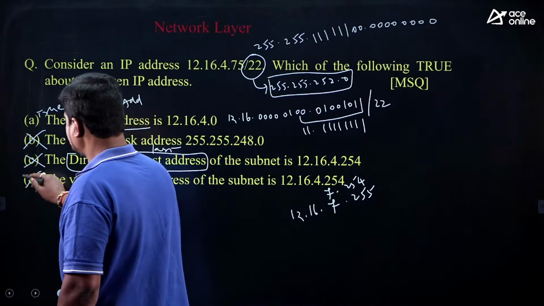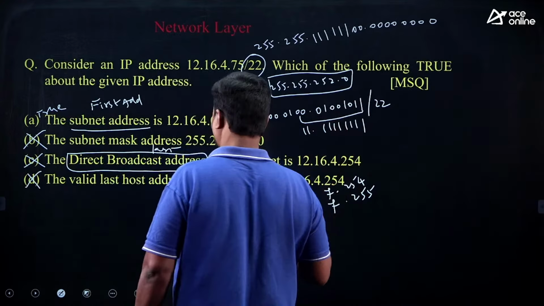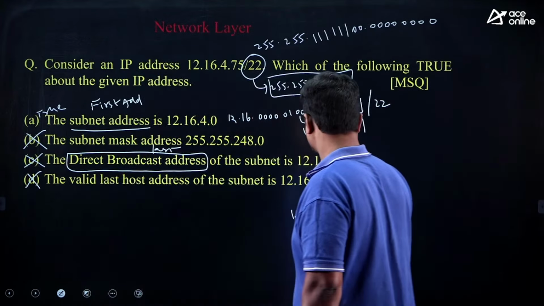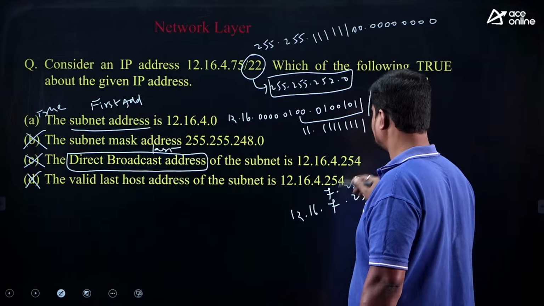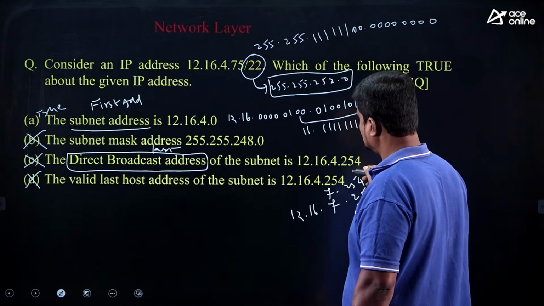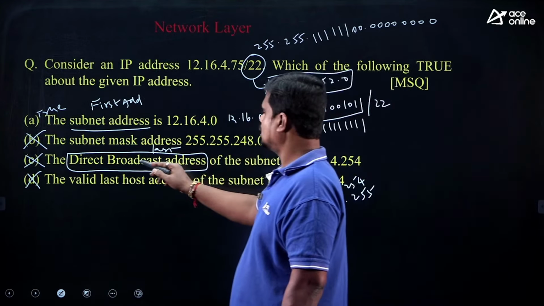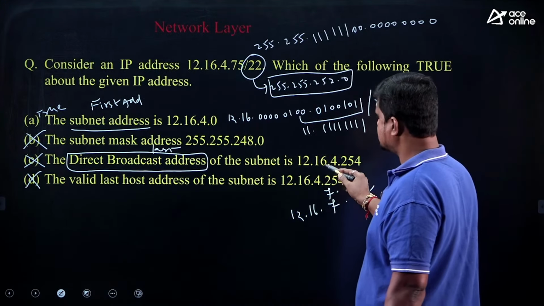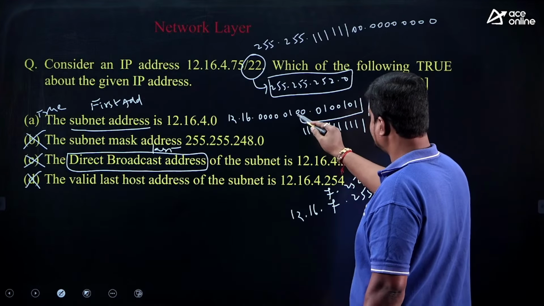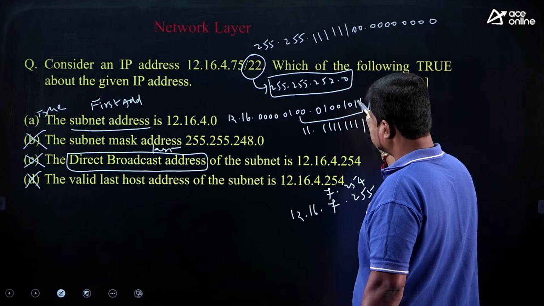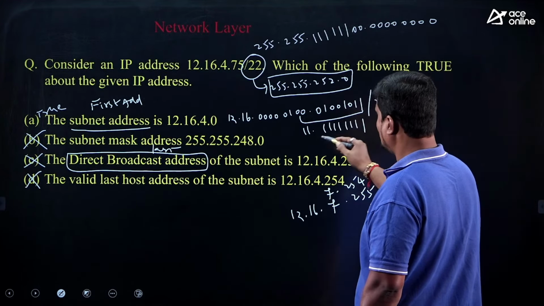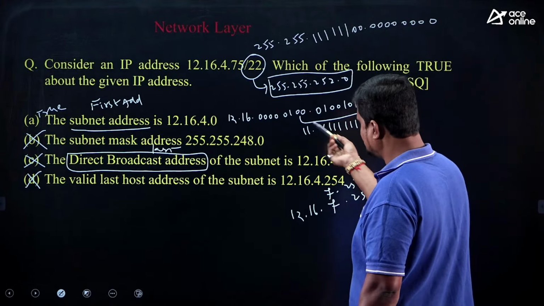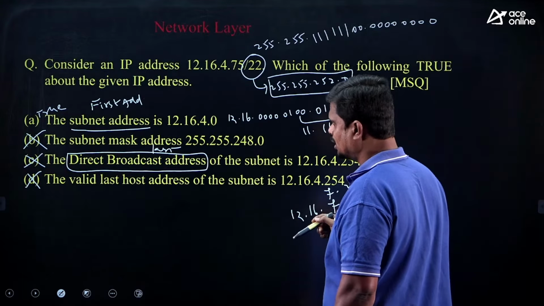So overall, the question is asking about the true statement. Okay. So the direct broadcast address is 12.16.4.255? If you consider the last address, 12.16.4, the last 10 bits I need to set to all ones, right? So when all 10 bits are set to 1, it is coming to 7.255.